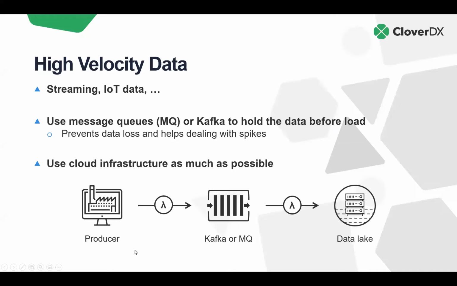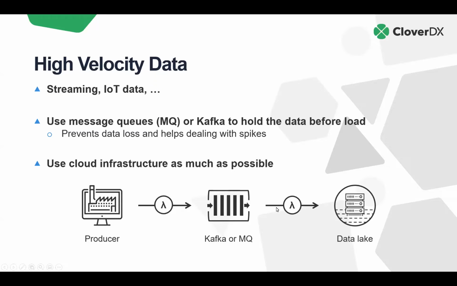You have your producer, which produces data more or less randomly. Sometimes it's 5 messages per second, but you might have spikes, thousands of messages per second. And this is not something that you want to deal with in your pipeline later. So you want to dump everything into something simple, either Kafka or some sort of messaging queue, and keep the data there until it's processed.